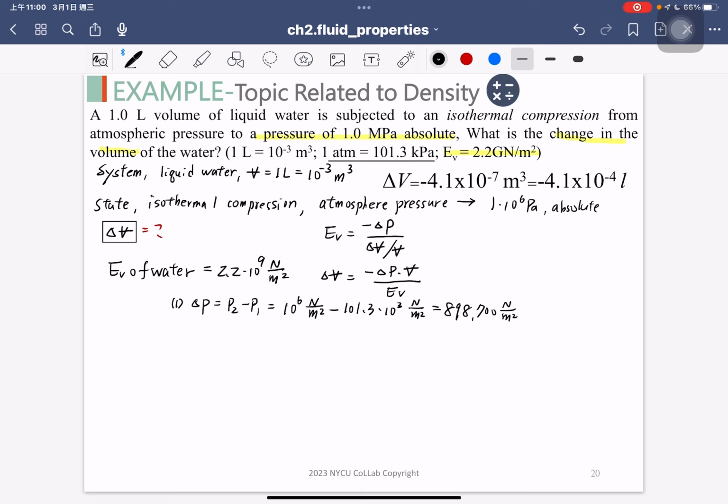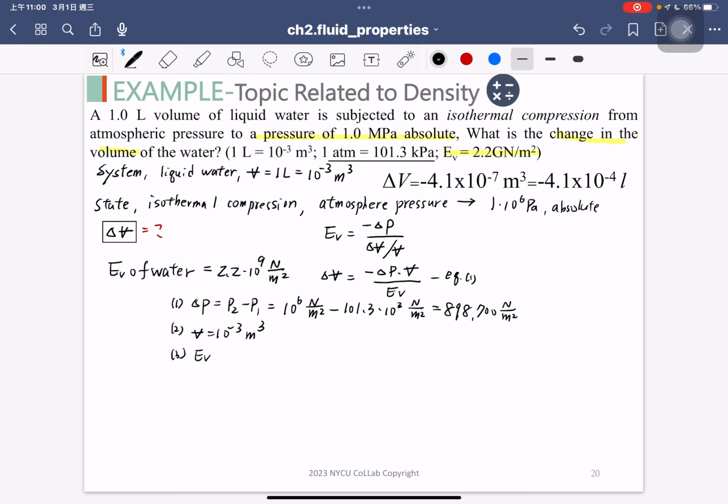And we know the initial volume is 10 to the minus 3 cubic meters. Third, the Ev we already know. So we check all the values we have and put them back into equation 1.